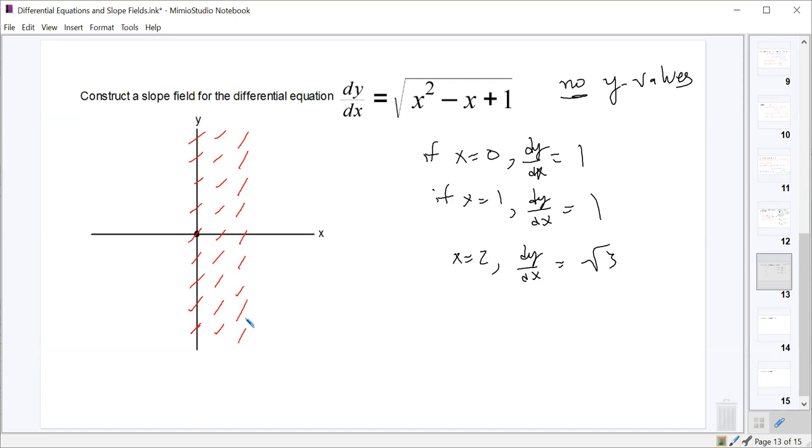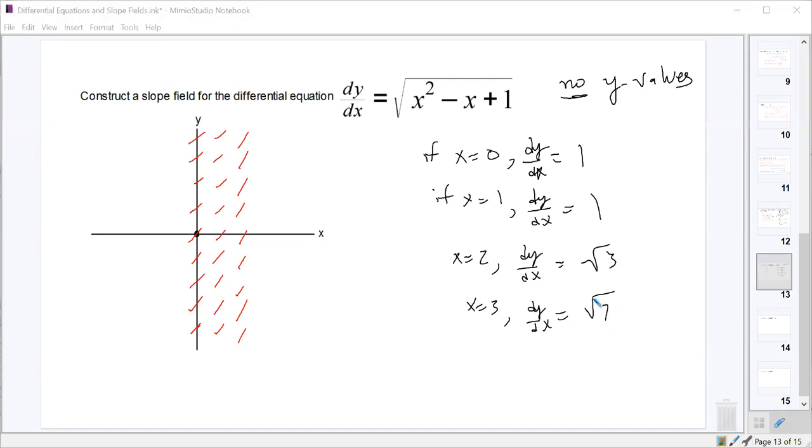And what about at x equals 3, let's say? Root 7. Yeah, there we go. Okay, so still getting larger.